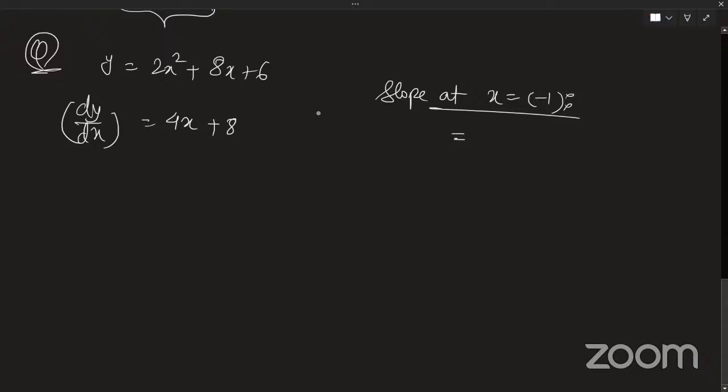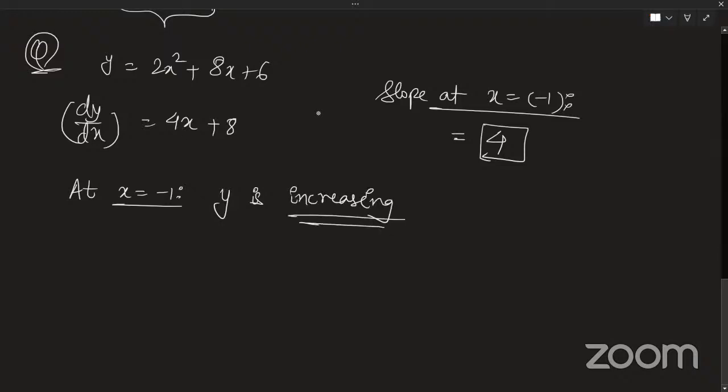The slope is 4. Yes, it will be 4. Okay, so can I say that at x is equal to minus 1, y is increasing? Yes, because its slope is positive.